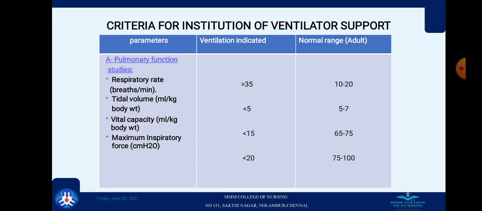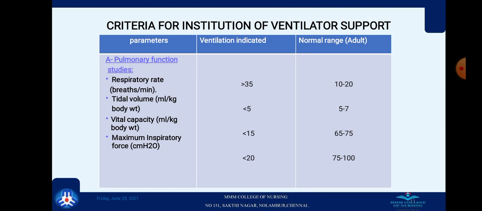Criteria for institution of ventilator support. Parameters, when ventilation is indicated, and the normal range. Pulmonary function studies: respiratory rate, breaths per minute, ventilation indicated greater than 35, normal range is 10 to 20.